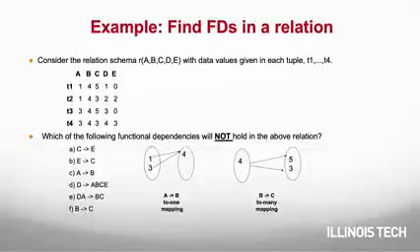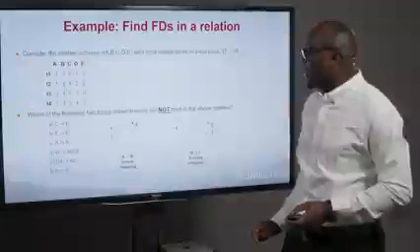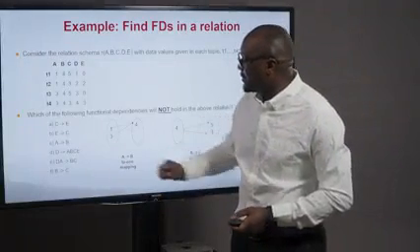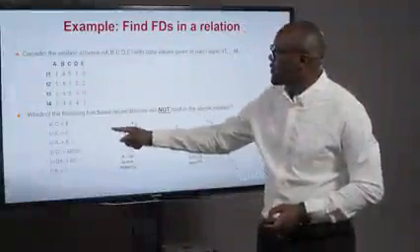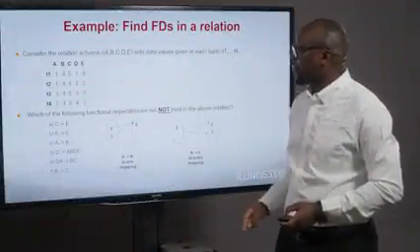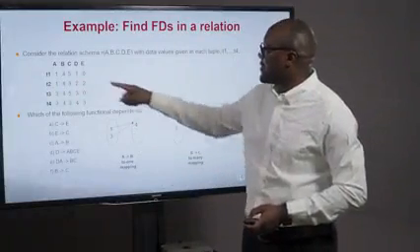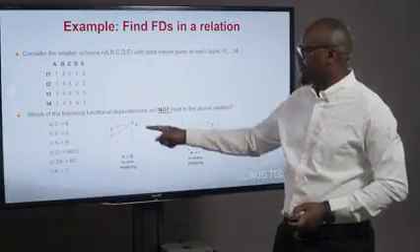Another example is A. Let's test A pointing to B before we talk about D. So A pointing to B, A is right here. There are only 2 unique values, so 1 and 3. And B is all the same value, 4.